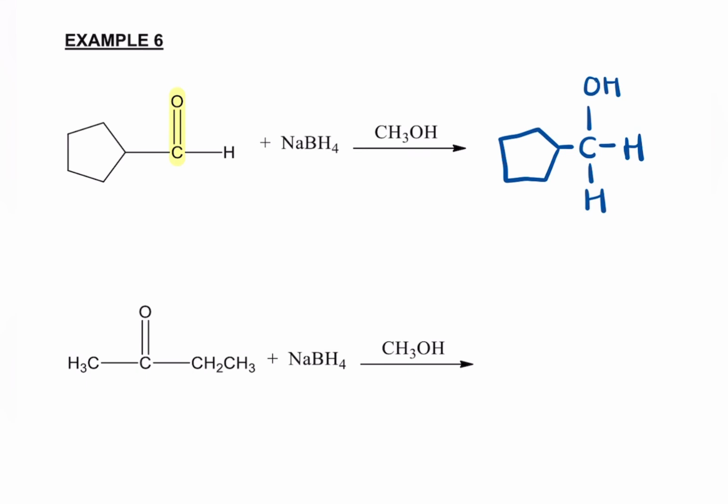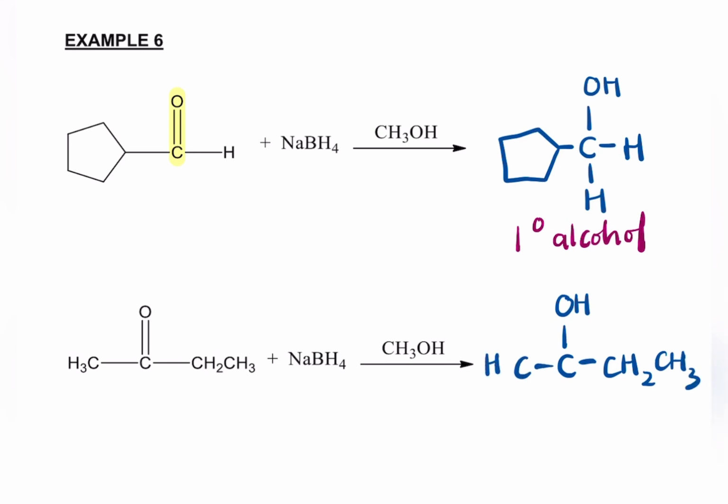So this is my primary alcohol. Next one, we go to ketone, where I have 2-butanone here, reacting with NaBH4 in methanol. I will form a secondary alcohol where my carbon is bonded to OH. The next bonds are CH2CH3, and CH3, and the last one with hydrogen. So this is my secondary alcohol.